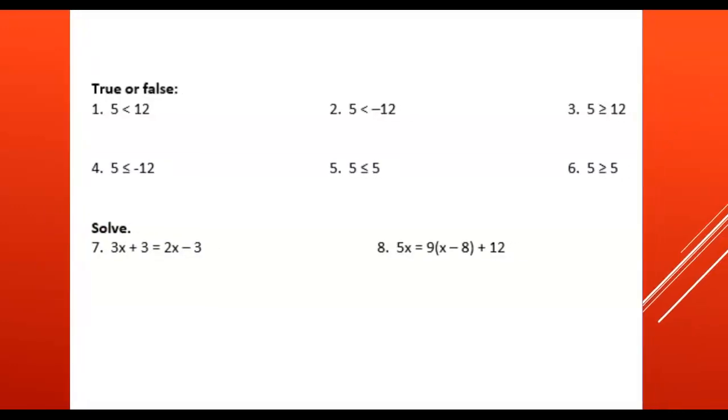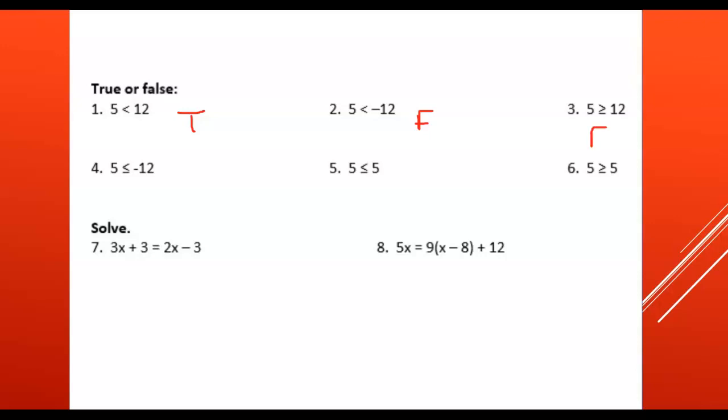So we have some inequality statements, and it says, are these true or false? Is 5 less than 12? Yeah, so that one's true. Is 5 less than negative 12? False. Is 5 greater than or equal to 12?